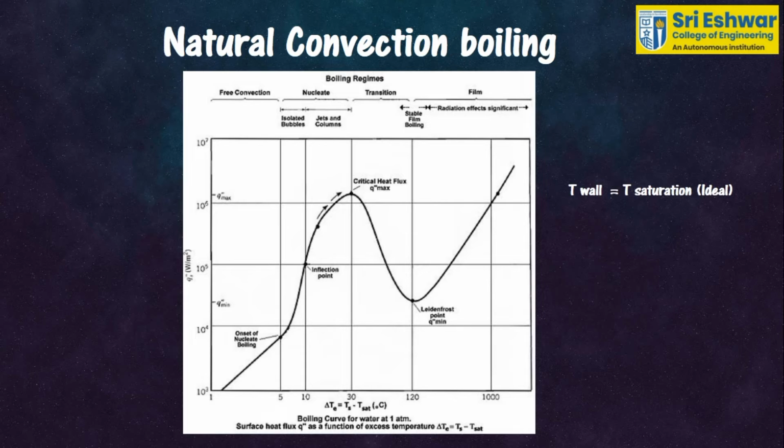The surface temperature must be somewhat above the saturation temperature in order to sustain vapor formation. In this boiling mode, vapor will be observed over the water surface, but usually no bubbles will be observed.